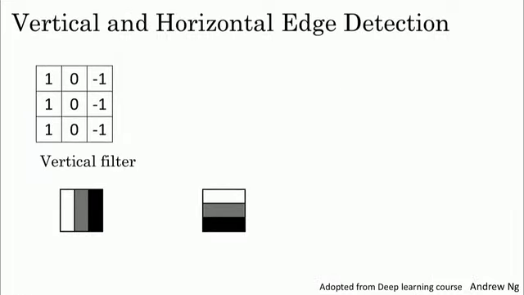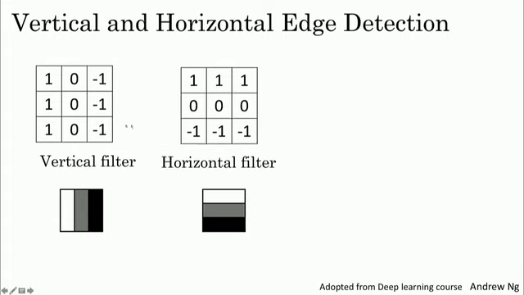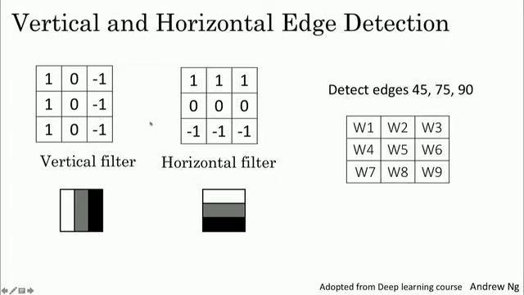What happens if you want to detect the horizontal edge? To detect the horizontal edge, we only need to flip this vertical filter by 90 degrees, giving this horizontal filter. As you see here, we hard-coded all of the parameters of the vertical and horizontal filters.